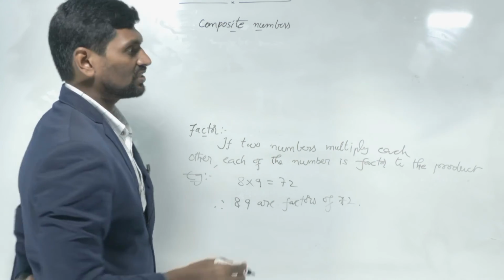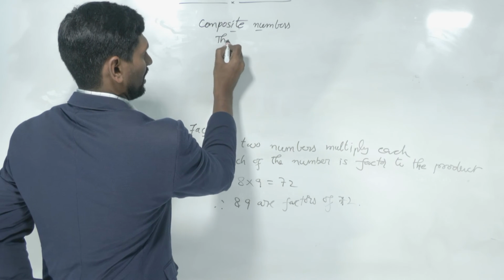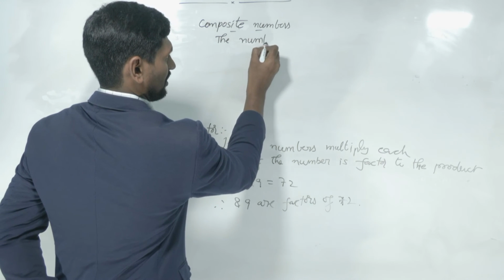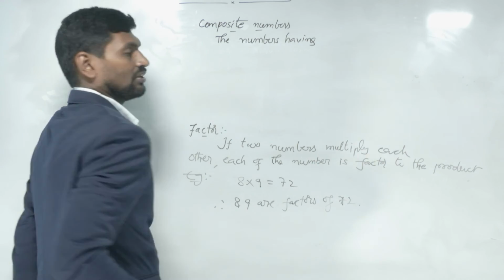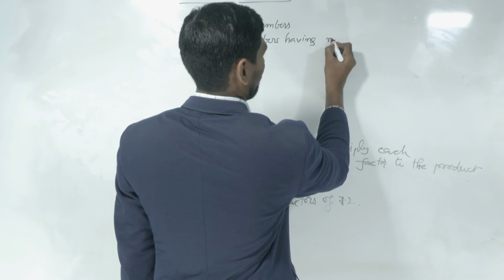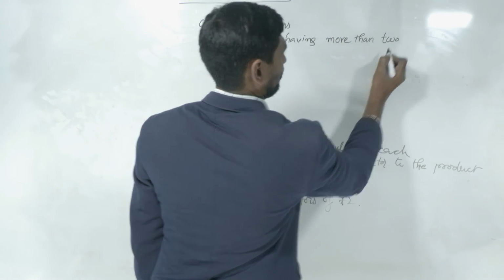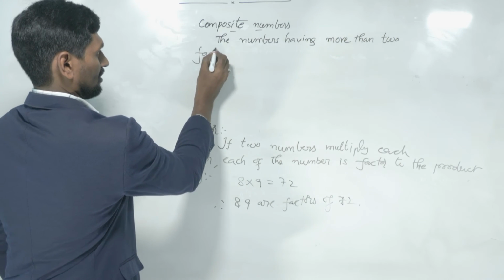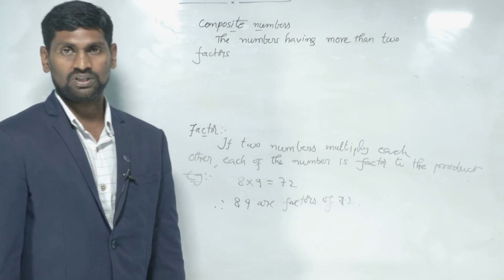Composite numbers means the numbers having more than two factors. Exactly two factors is a prime number.